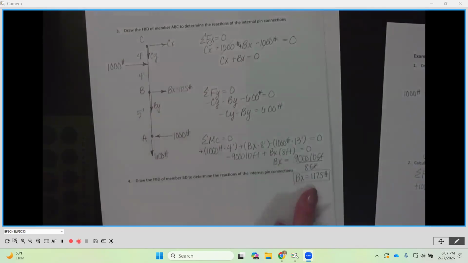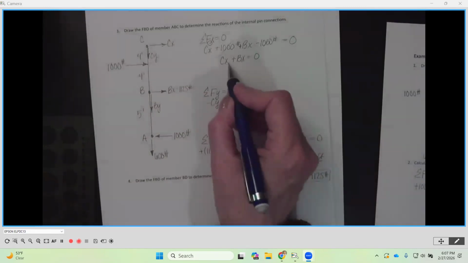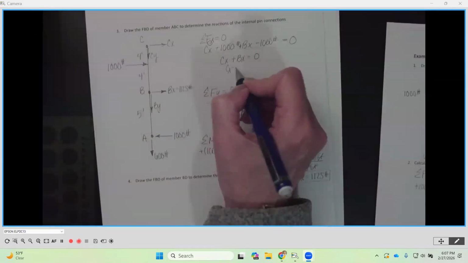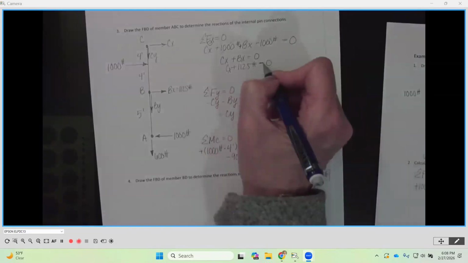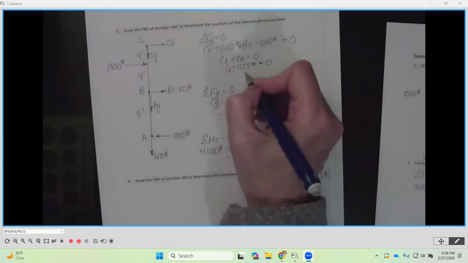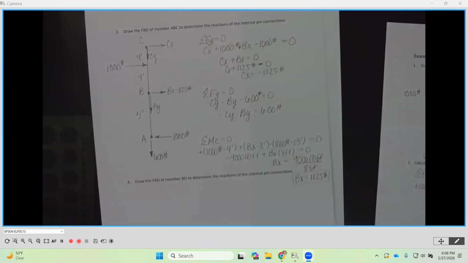So now that we know Bx, that means that we can plug it in up here to find Cx. So let's go ahead and do that. So we have Cx plus 1125 pounds is equal to 0. And then now we can solve for Cx is equal to a negative 1125 pounds.